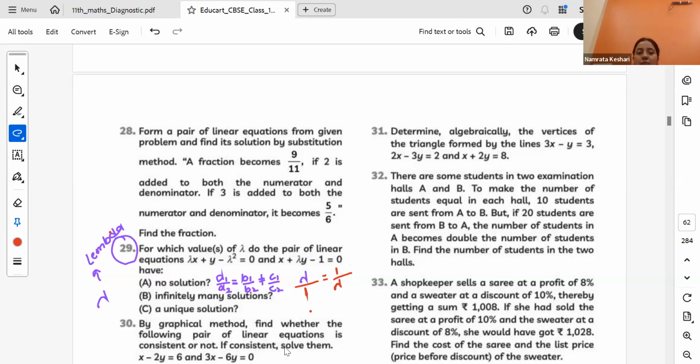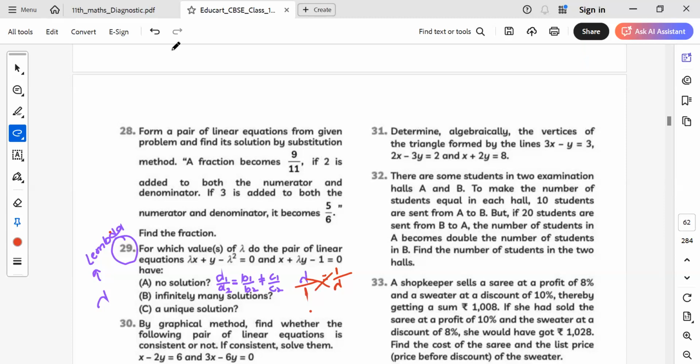What are we getting from here? The lambda value. Lambda by 1 is equal to 1 by lambda. You just do crisscross, no?